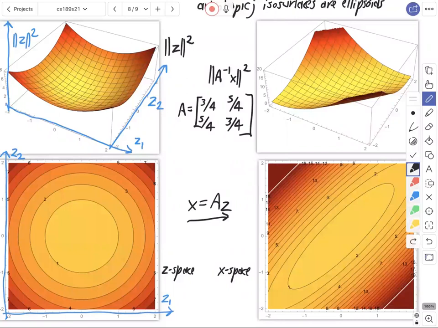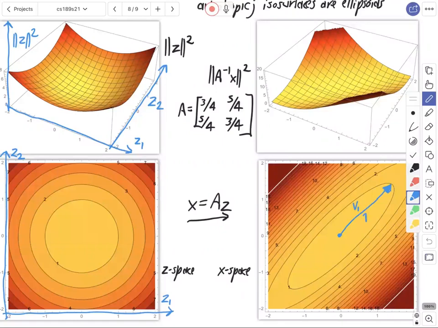Now, let's look at where our eigenvectors are. So the eigenvectors of A, again, there's v1. So that eigenvector, it's not a coincidence that it matches the long axis of that ellipse.